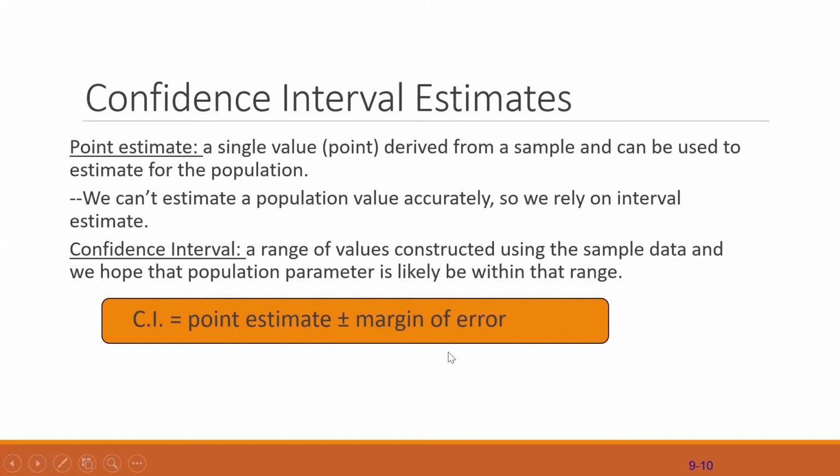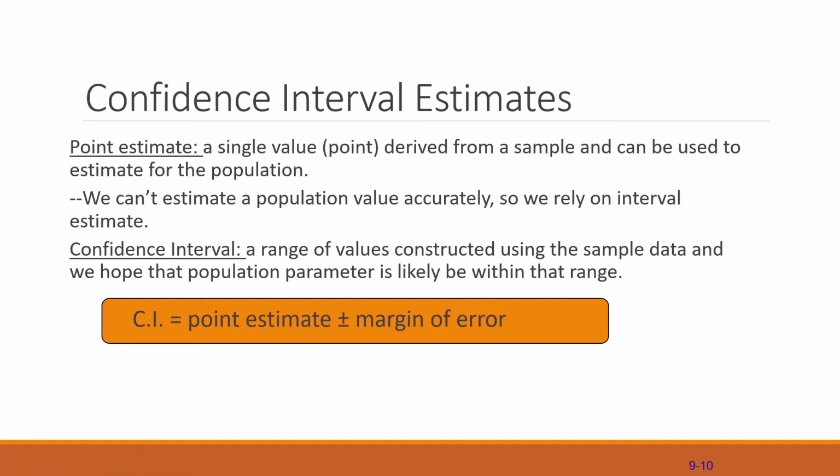How do we construct that range? Well, we have a formula here. The CI, which stands for confidence interval, is equal to the point estimate we have been talking about, which is the average from the sample, plus or minus a margin of error, meaning that we realize the sample mean is not exactly the population mean.